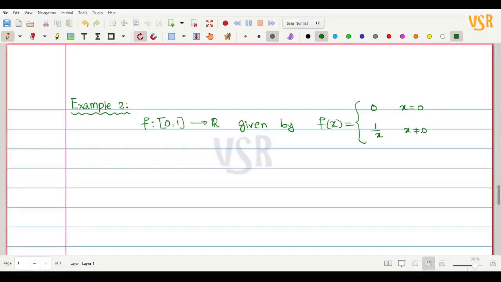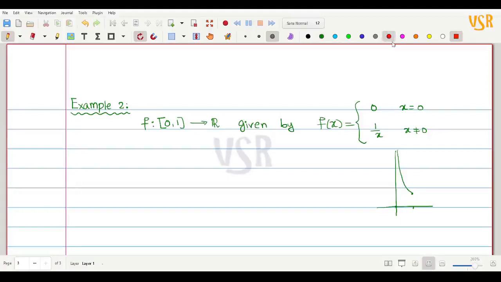What will the graph of this function look like? For x equal to 1 the value will be 1, and the function keeps going up like this.